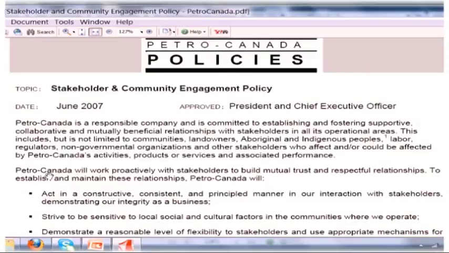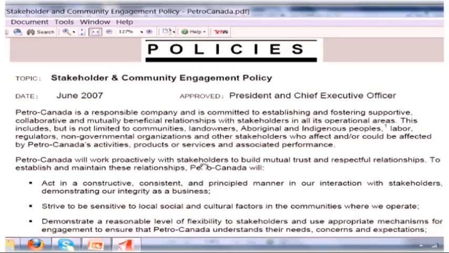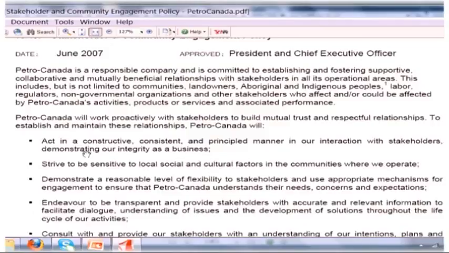Continuing over here, it states: Petro-Canada will work proactively with stakeholders to build mutual trust and respectful relationships. To establish and maintain these relationships, Petro-Canada will act in a constructive, consistent, and principled manner in our interaction with stakeholders, demonstrating our integrity as a business. Strive to be sensitive to local social and cultural factors in the communities where we operate.